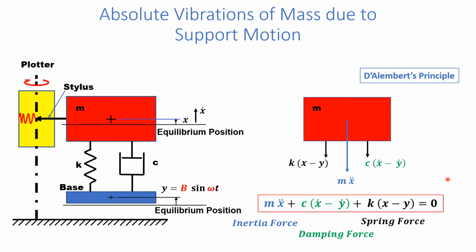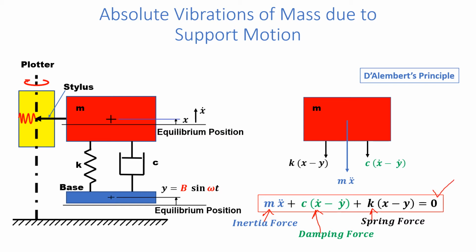With all the forces marked on the free body diagram of mass m, the body is in equilibrium. So simply, inertia force m x double dot plus damping force c into (x dot minus y dot) plus spring force k into (x minus y) is equal to 0.